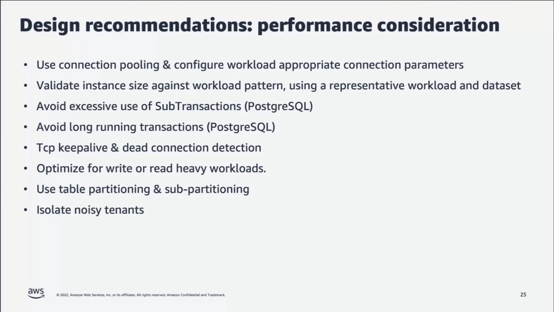If you have read-heavy workloads, you can take advantage of Aurora read replicas, and of course, auto-scaling to scale out your reads horizontally. Aurora Serverless V2 does not support auto-scaling Aurora read replicas horizontally, but you can create serverless read replicas as needed, which can scale up and down vertically based on your read workload. And you can also look at Aurora Global Database for cross-region read replicas to scale out your reads cross-region while providing cross-region disaster recovery.